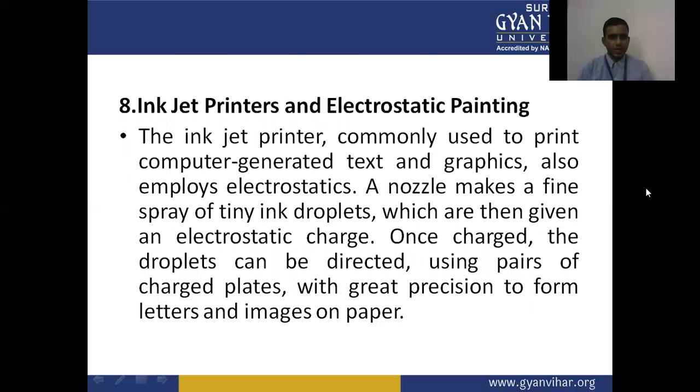A nozzle makes a fine spray of ink droplets, which are then given an electrostatic charge. Once charged, the droplets can be directed using pairs of charged plates with great precision to form letters and images on the paper.